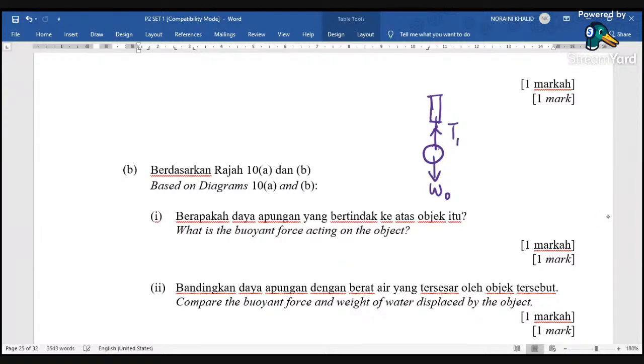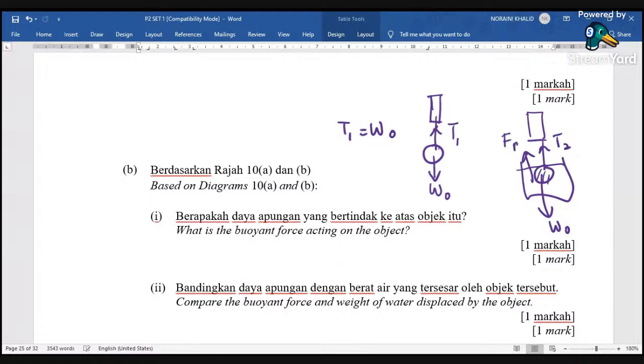When hanging at rest, the reading equals Wo. Once you immerse it in liquid, the weight is still Wo, but now the reading is T2, and at the same time there is buoyant force.